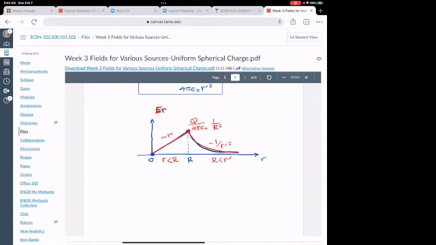And then as you leave the sphere and go away, it goes down as 1 over the distance from the center of the sphere squared. The moment you leave the charge, it goes down as 1 over R prime squared, where R prime is the distance between where you are and the center of that sphere. The characteristic is like that because the sphere is symmetric and the charge distributes uniformly.